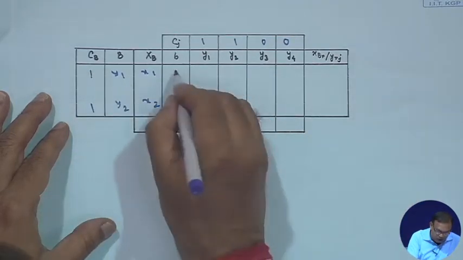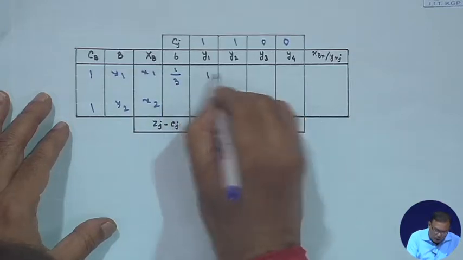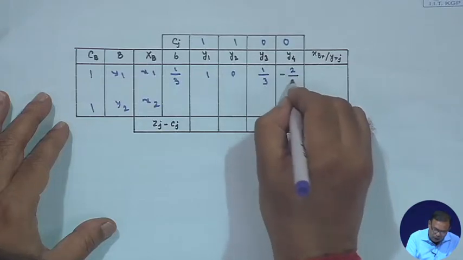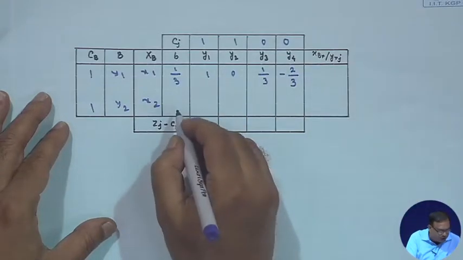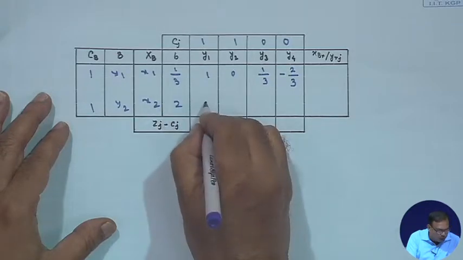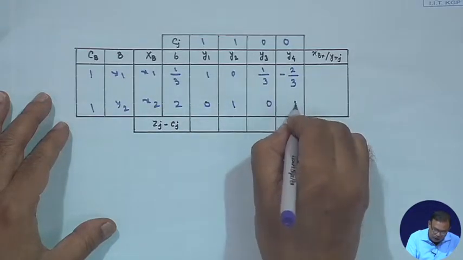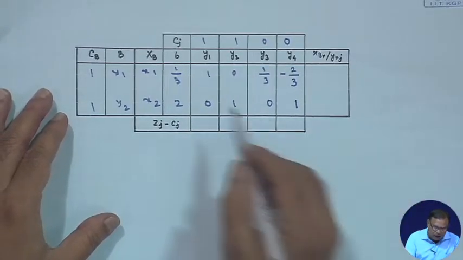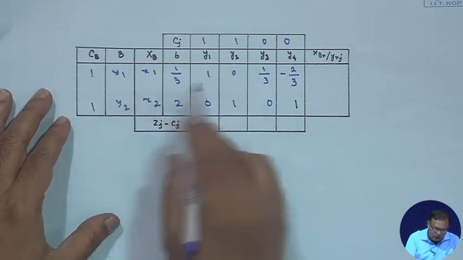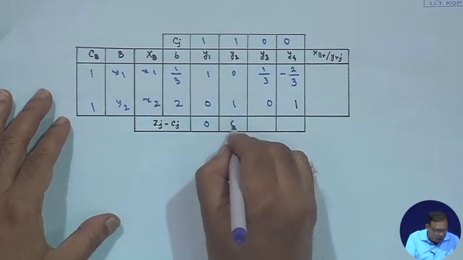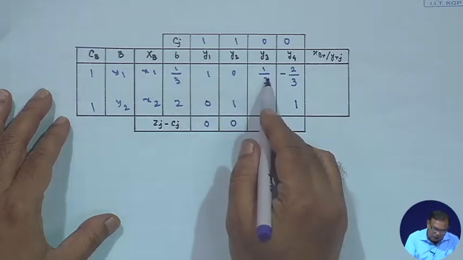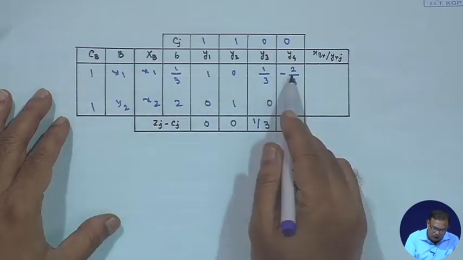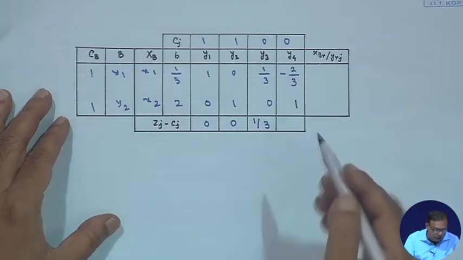So, if I am writing, it is 1/3, 1, 0, 1/3, minus 2 by 3, and for this case it is 2, 0, 1, 0 and 1. If you calculate the zj minus cj values, you will obtain 1 minus 1, 0, 1 minus 1, 0, in this case 1/3 minus 0, 1/3, this is equal to minus 2/3 plus 1. So, it is also 1/3.